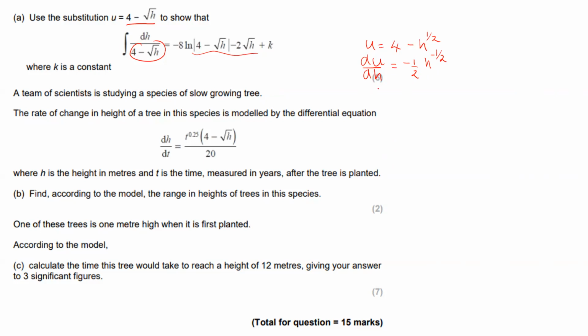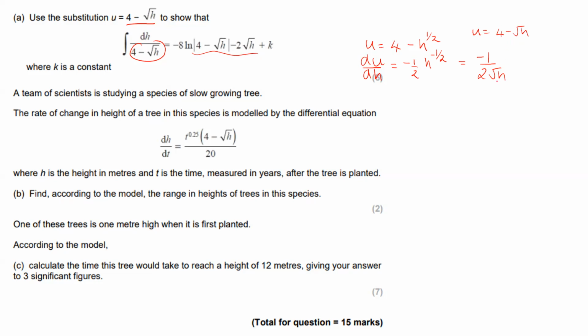So we want to substitute and get what dh is. So I would rewrite this as minus 1 on the top over 2 root h. And my substitution was that u is equal to 4 minus root h.